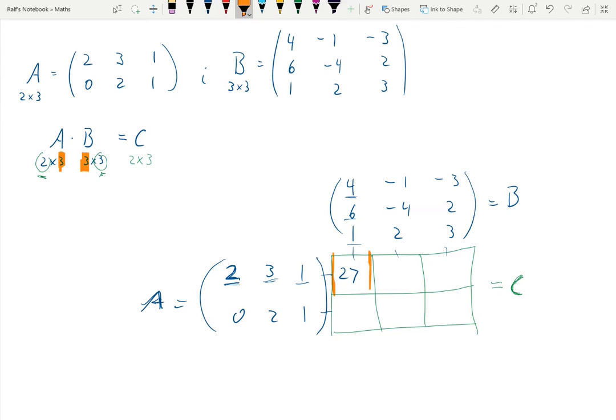So what about the next element, this element here? This is now going to be the inner product of this row times this column.